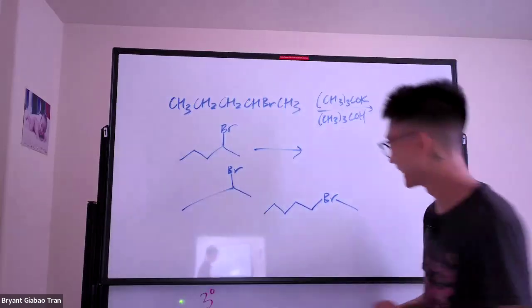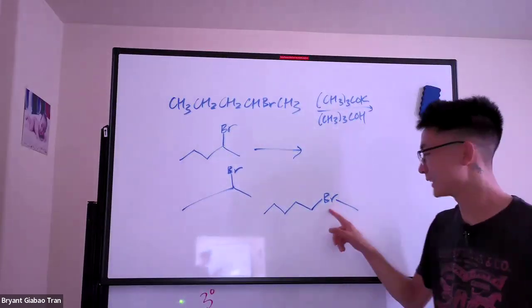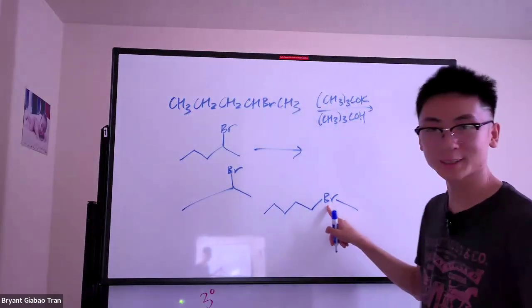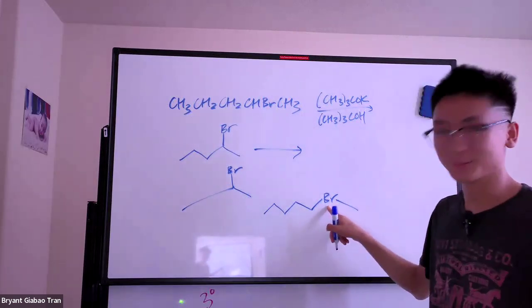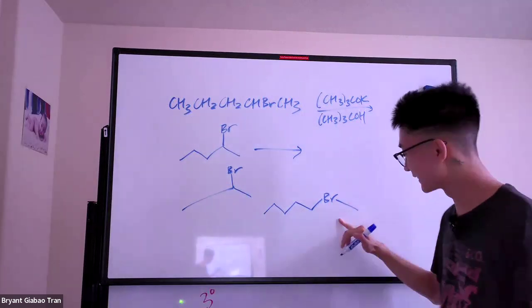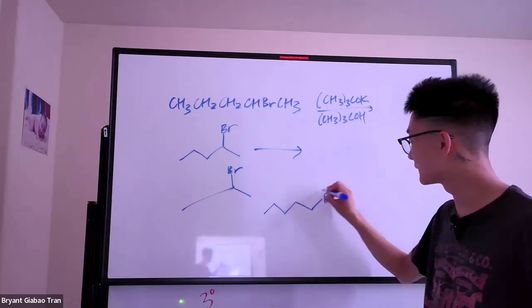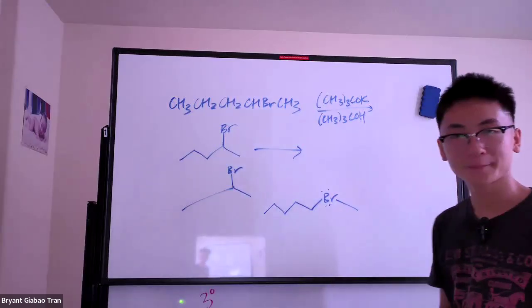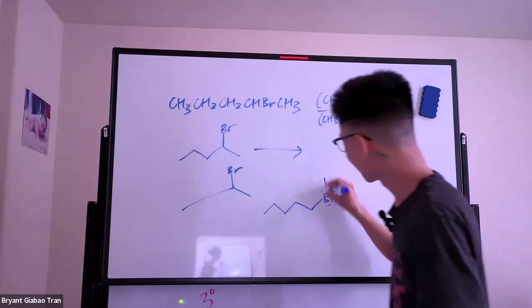Oh, this way, like that? Yeah. This is not good because what would be the charge of that bromine right there? With 2 bonds and 2 pairs of electrons. Plus 1. Yeah, plus 1.